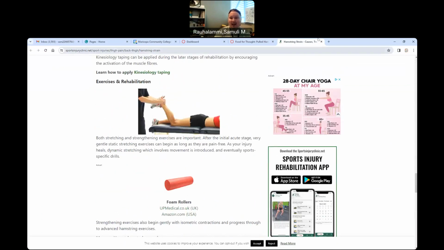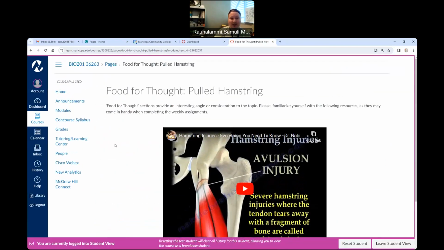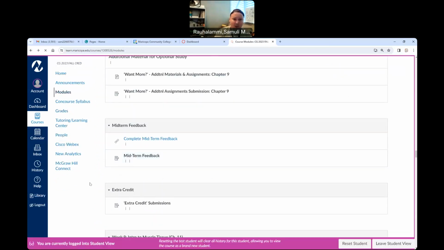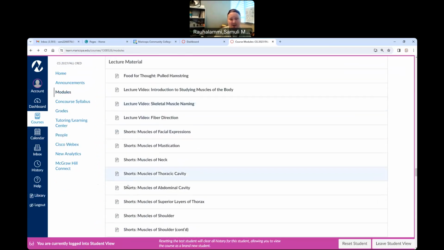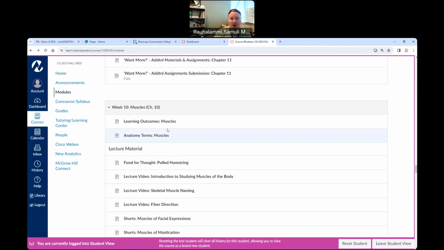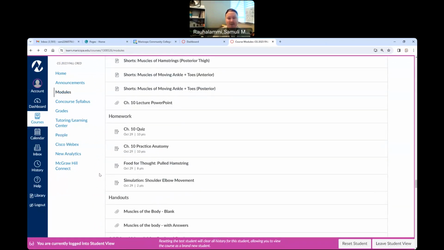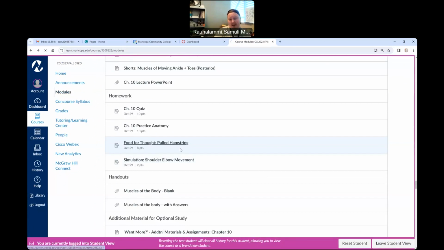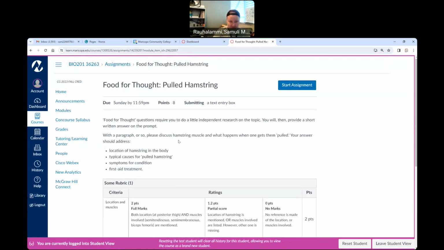But obviously, I encourage you to also do independent research and find resources that work for you, that make sense for you. Once you've had a look at these starting points for your thinking, you'll be able to access the assignment like before and submit the assignment as a written text.